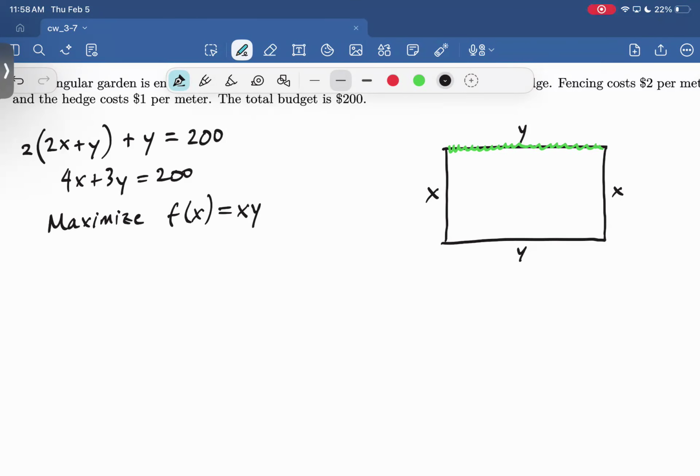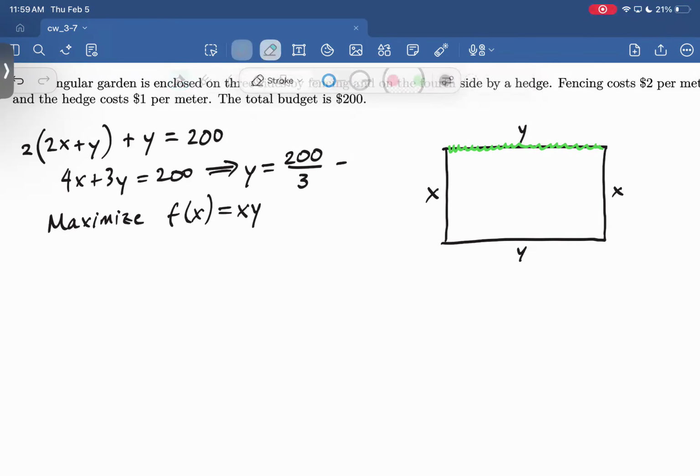And now let's try to write y in terms of x. This is getting boring. It's the same thing every time. So y is going to equal 200 over 3 minus 50x. Is that correct? It is wrong. Where did the 4x go?